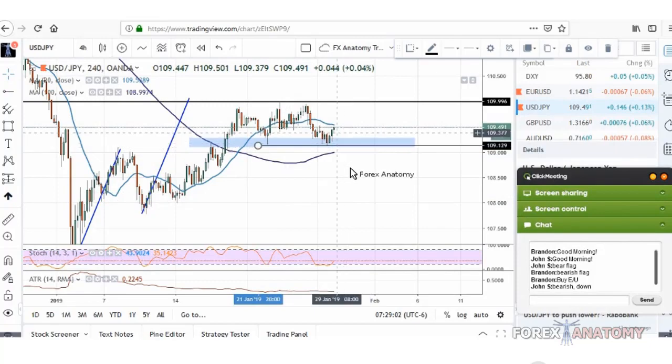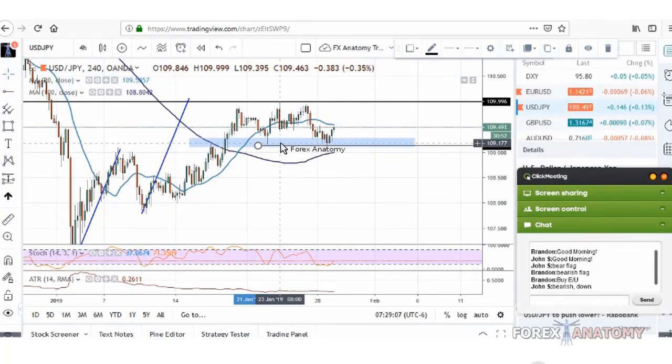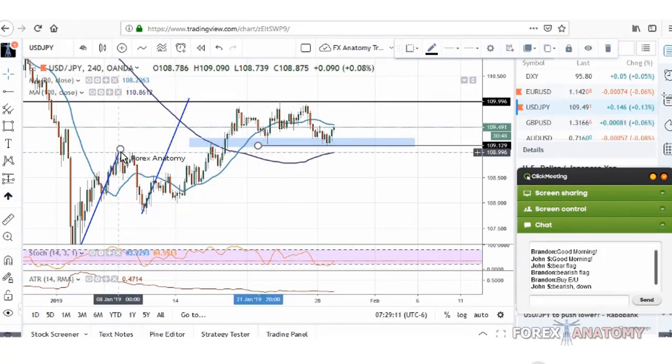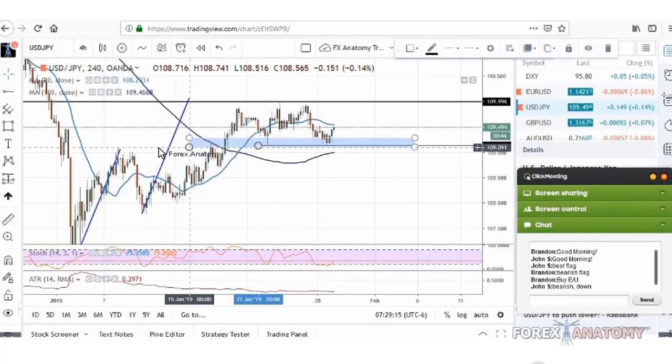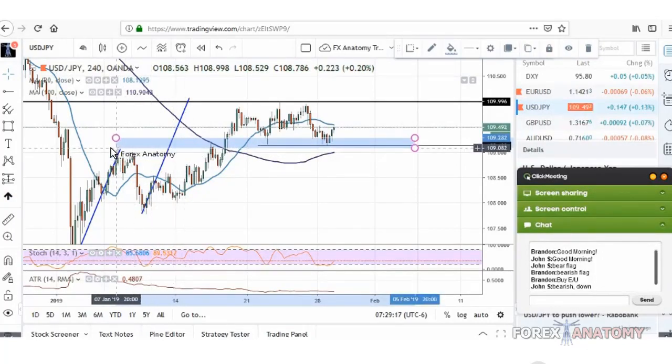Because if it breaks this area, if it breaks this zone of support or demand that we can clearly see is taking place in the market, because you can even see that this area right here is that same zone and area. If we were to stretch this out, you can see that it's that same zone and area. So this area has been respected on multiple occasions.